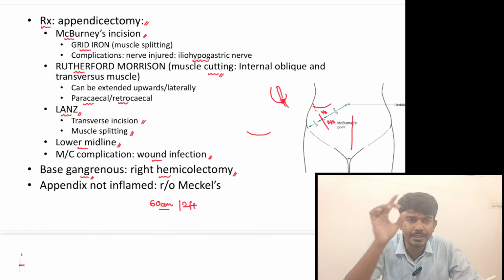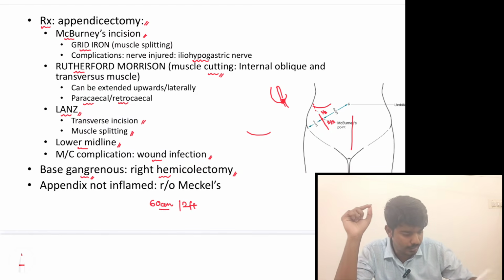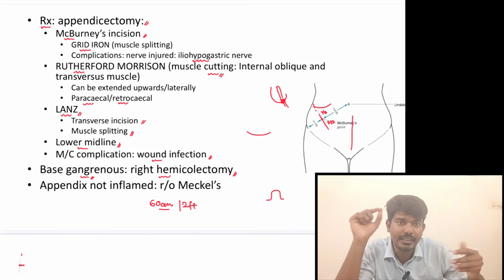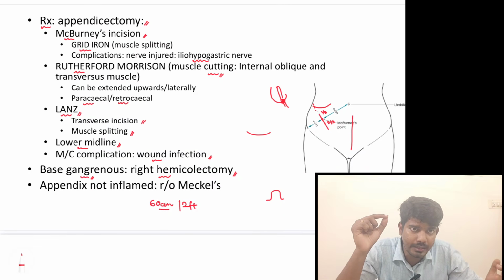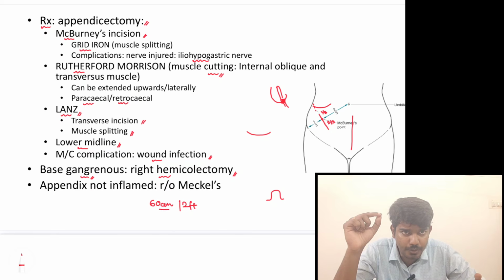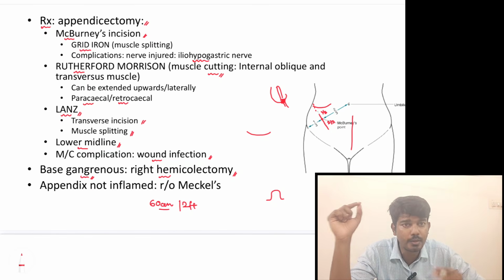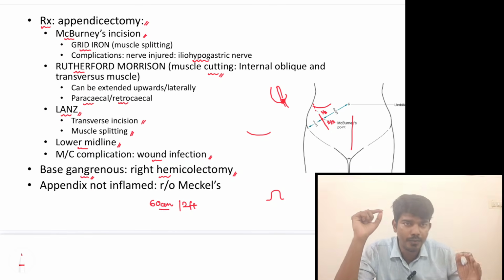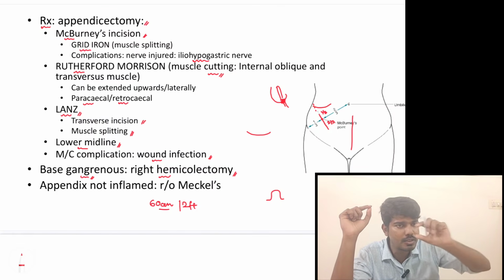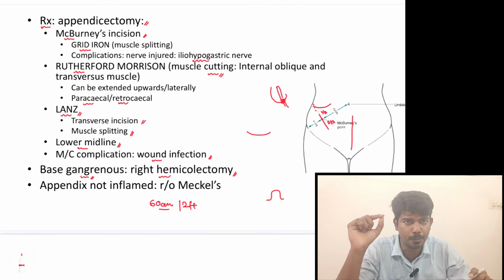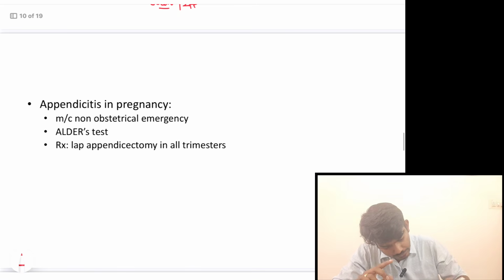So we go up to there and search for any diverticulum. If the appendix is normal, we search up to 60 cm from the ileocecal junction, searching the ileum of the small intestine.